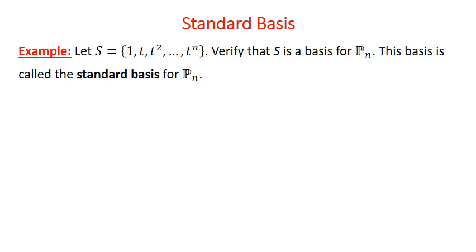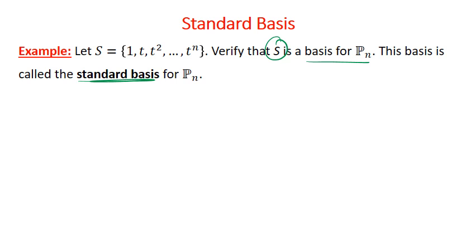Okay, so in this example, we are given this set, and we want to verify that this set is a basis for Pn. And remember from previous sections, Pn is the set of polynomials of degree n. And this basis is called the standard basis for Pn. Okay.